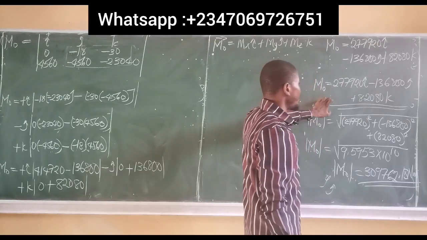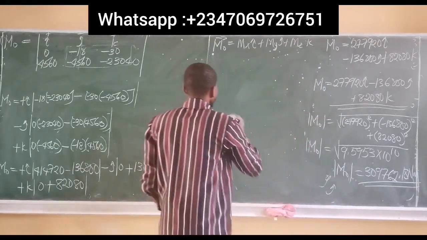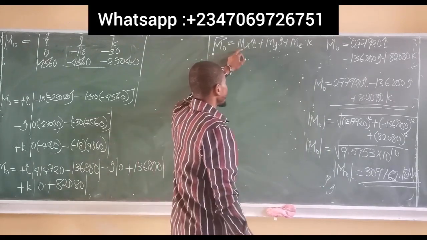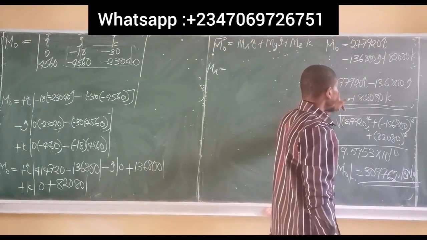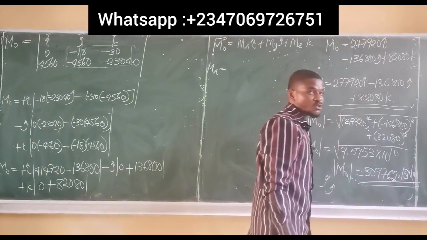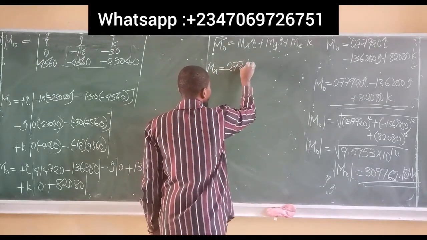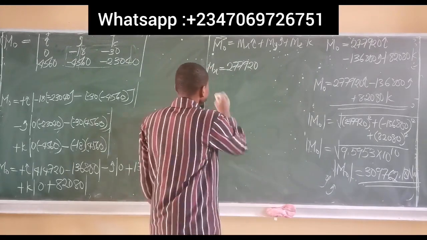the result of moment about point O, comparing the two, you're going to have that mx is equal to, since this is mx i, and you have 277,920 in the i direction, it means mx is 277,920 because both of them are in the i direction.